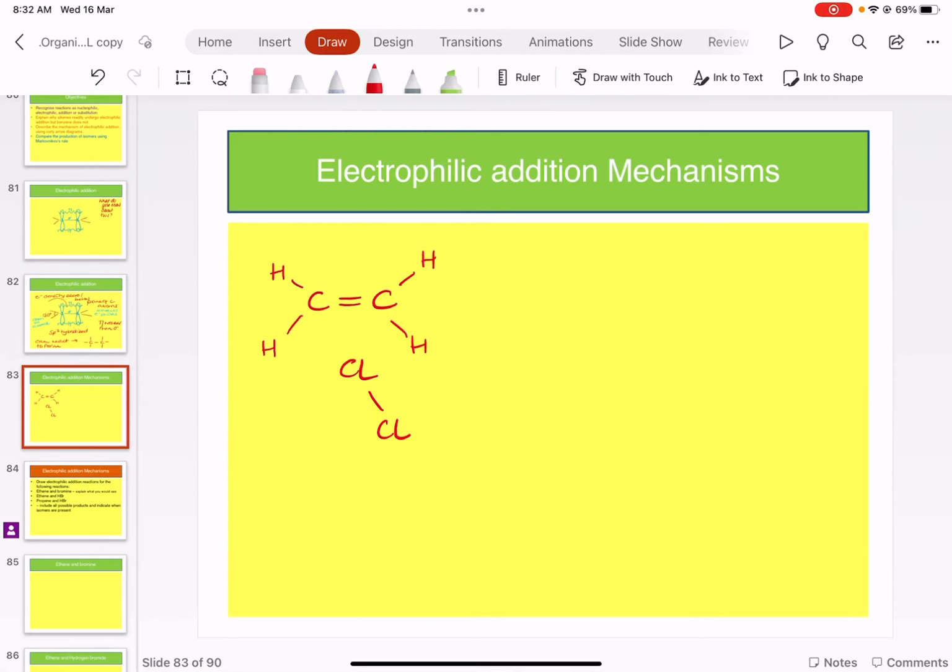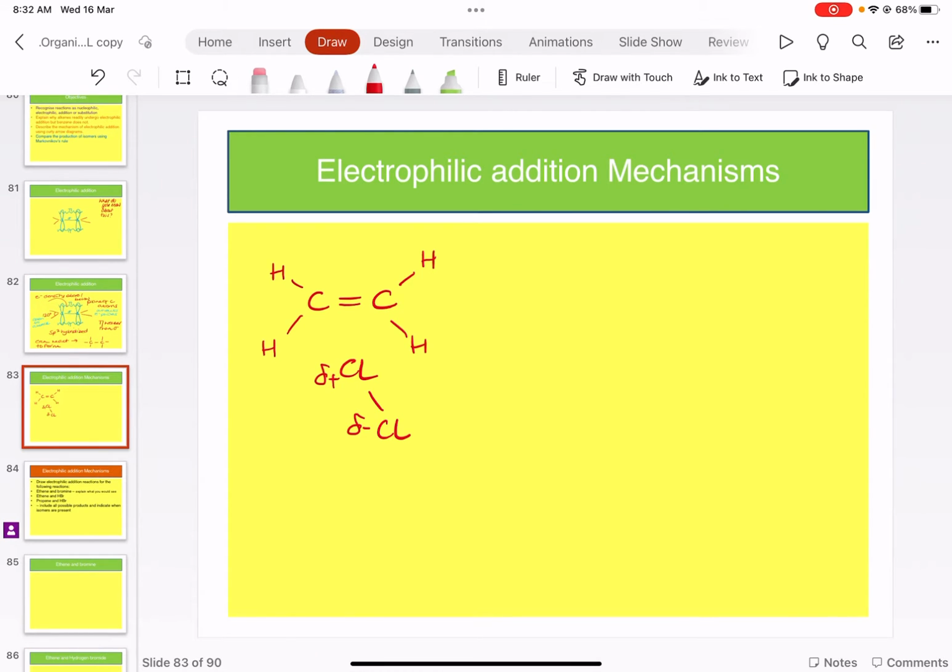We know that chlorine is non-polar because chlorine hasn't got any big differences in electronegativity. So chlorine and chlorine shouldn't have this dipole. But when you are bringing the chlorine close to this molecule, because it's coming in towards this area of negativity that we've got here, it actually induces a dipole into the chlorine molecule. So what we find is that we have a slightly positive region this side and a slightly negative region this side.